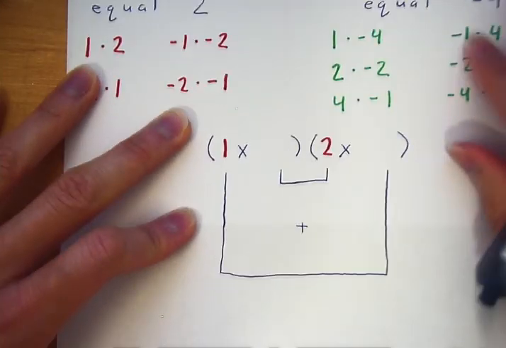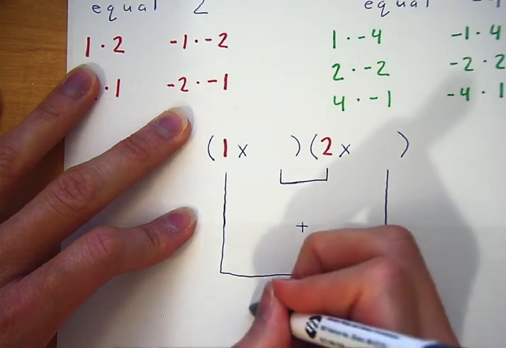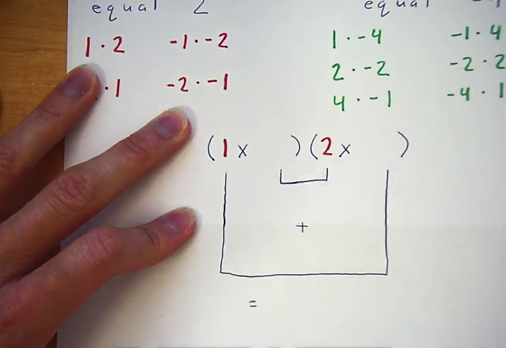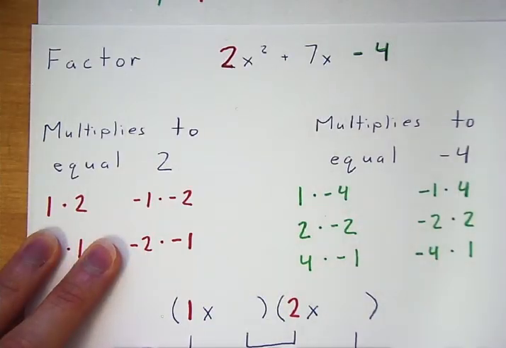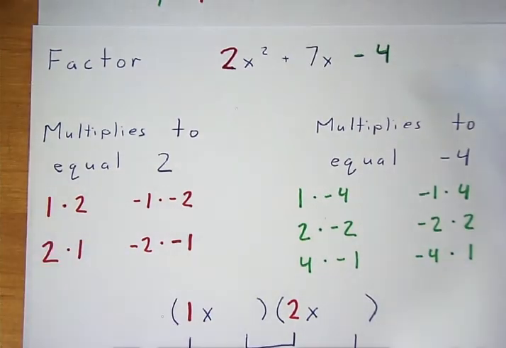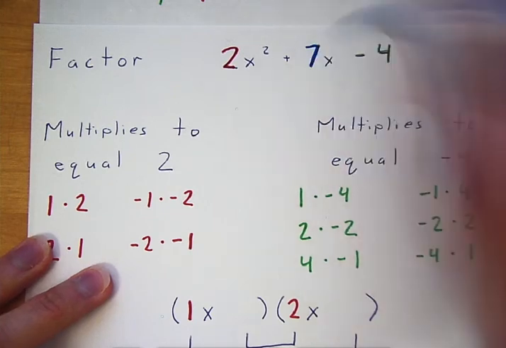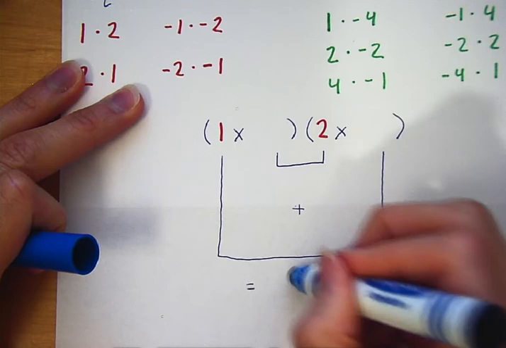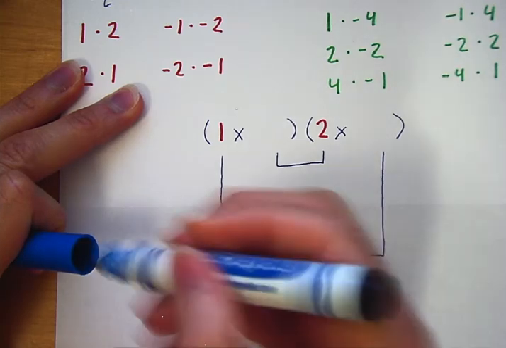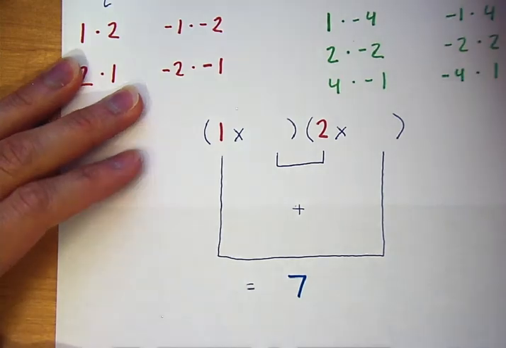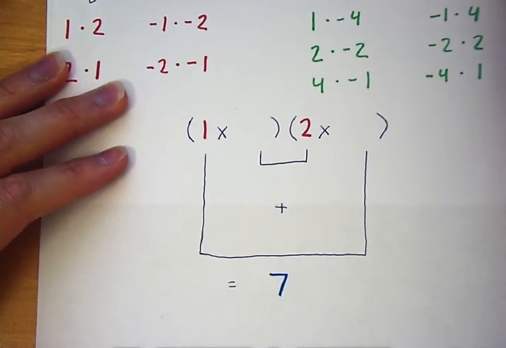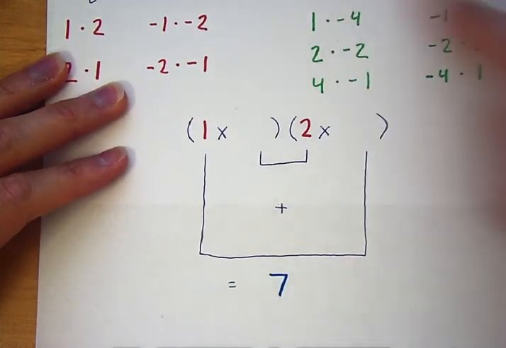That needs to equal my B. For this equation, my B is +7. And you kind of have to just guess and check these 6.